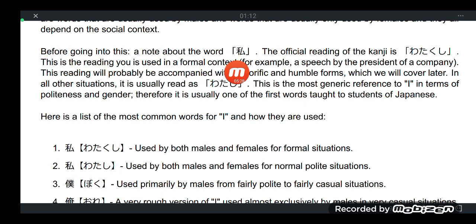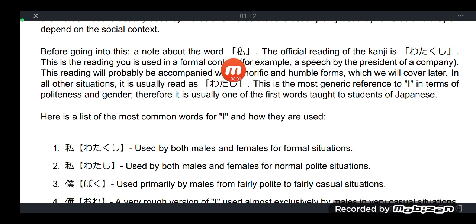This kanji right here is the pronoun I, or referring to yourself, and there are two kunyomi readings for this kanji. The first is watakushi, with a silent u on the ku. That's very formal, especially when it comes to speech or documents in written Japanese.